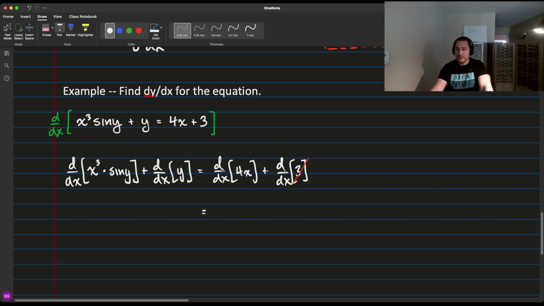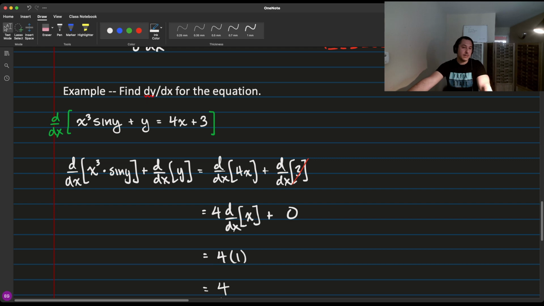You could factor out the 4 using the constant multiple rule. This becomes 0. The derivative of x is 1, so you get 4 times 1, which is just 4. So on the right-hand side, you get 4.